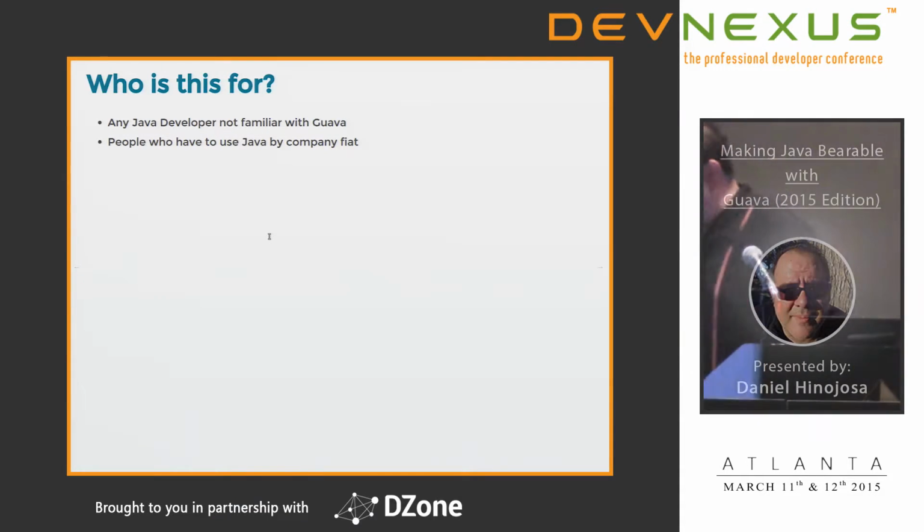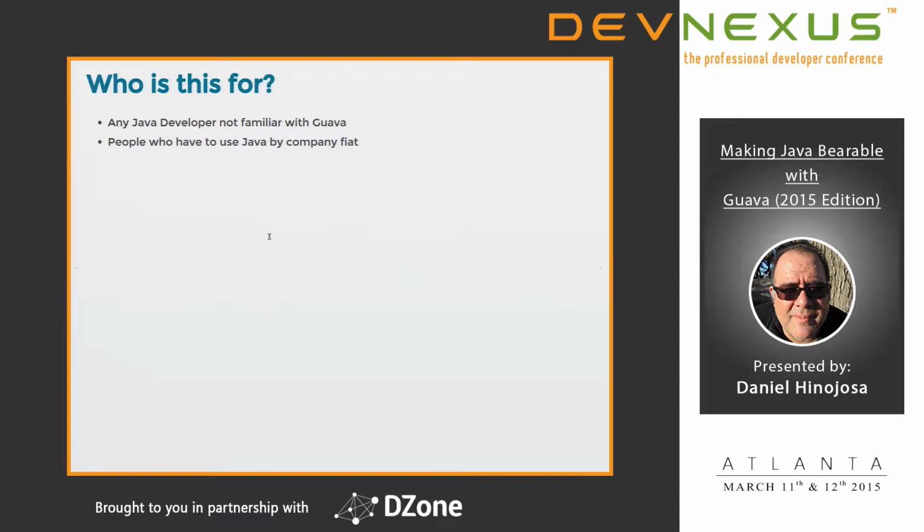So who is this for? This is for any Java developer who's not familiar with Guava. And this is particularly for those who have to use Java by company rule or by company fiat, in that you're not allowed to use Groovy, Scala, Clojure, JRuby or any other languages like that.